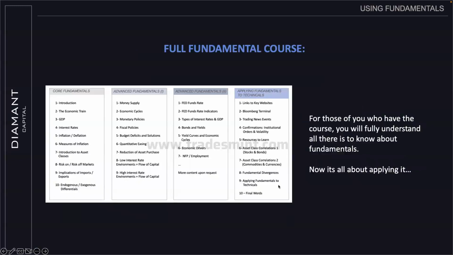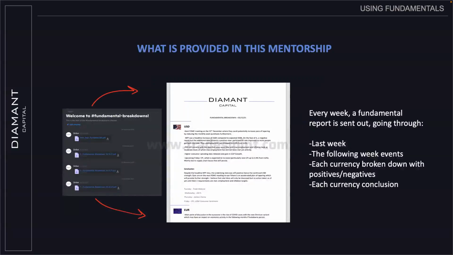Now, in terms of the fundamental report that I send out every week, I'm going to say this as well. If you're starting as a complete fresh trader in terms of fundamentals and you have no idea what even an interest rate hike is or what the inflation report means for a certain currency pair, you're not going to find it too easy to understand at first because it's a lot of information.